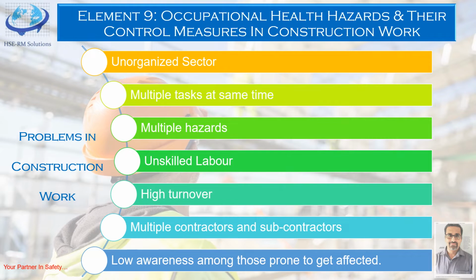They are not aware of hazards, they are not aware of what can go wrong, they are not aware of what is wrong with them, right? So the negligence part also comes in here. So low awareness among those people. Now these are the main problems on a construction site.